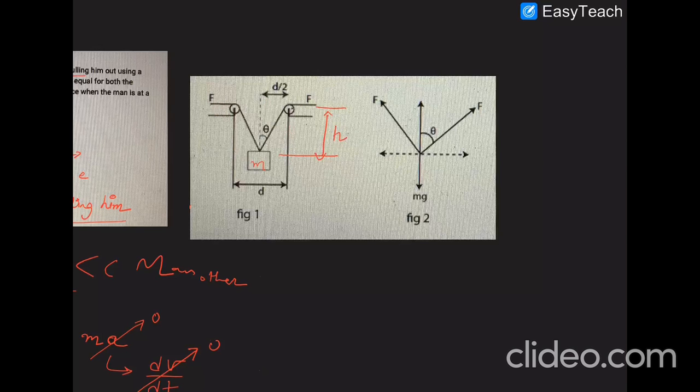The first thing we have to remember is that we have to draw the free body diagram of this mass, because our target for this problem is to find out, as the man goes up and the height decreases, that the force required will also be more.